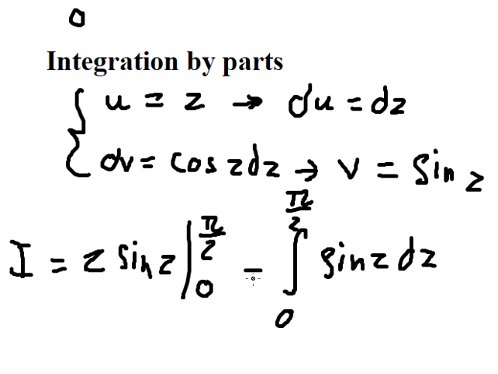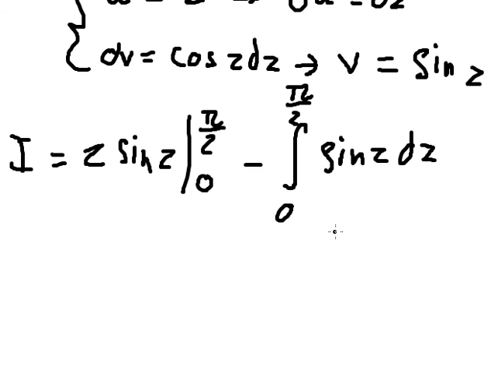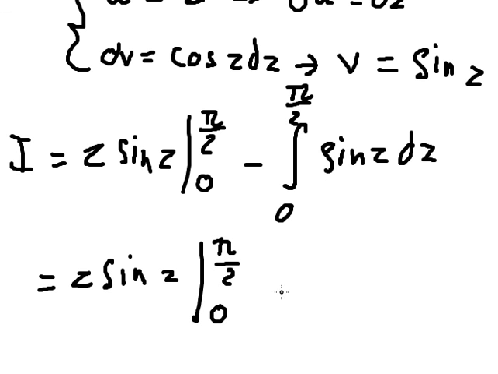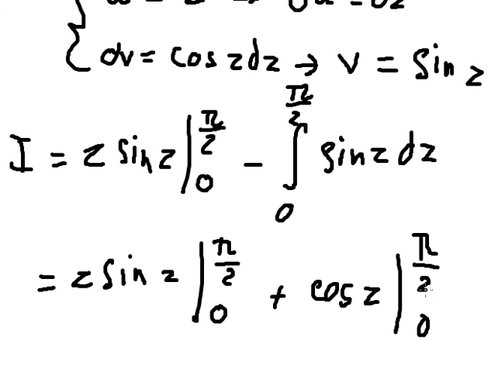The integration of negative sine z, we have positive cosine z. Now we put b over 2 in here, number 0 in here.